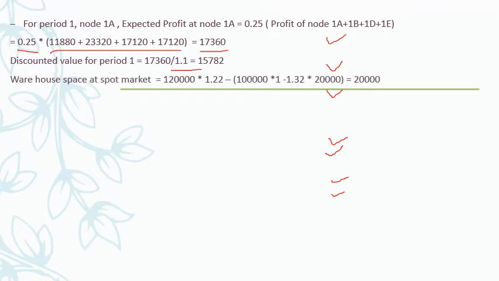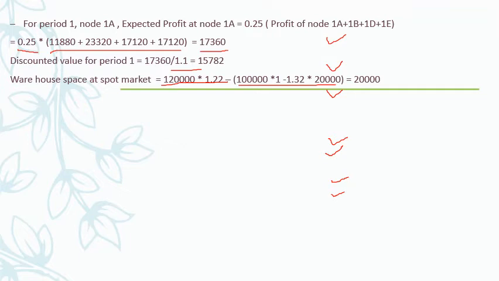Okay, now what is the actual amount that I am paying during period 1 at node 1A? That is calculated using revenue minus cost. This is the revenue, this is the cost. What is the total cost? See, revenue is 120,000 into 1.22, that will not change, minus the total cost. Up to 1 lakh, it is 1 rupee, plus for the remaining 20,000.